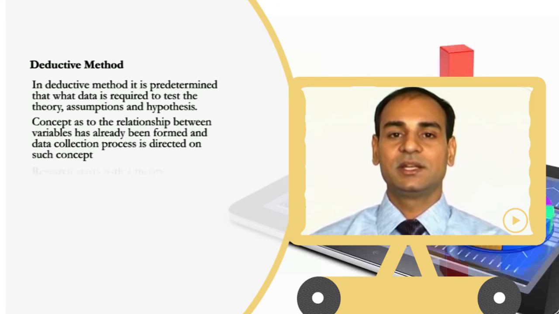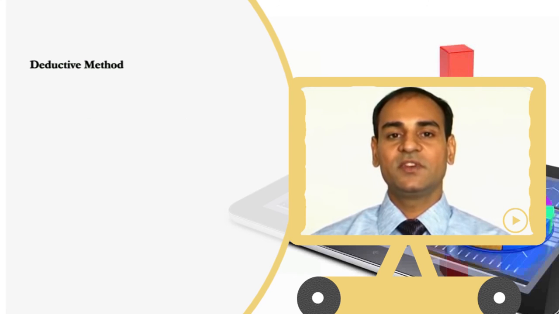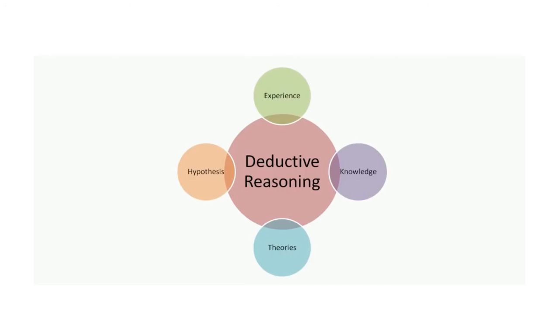In this method, the research starts with the theory, and that theory predicts the existence of a relationship between the variables. By this research, the data is tested to prove or disprove such relationship of variables. For deductive reasoning, certain concepts and elements are necessary to proceed, that is experience, knowledge, theories and hypothesis.